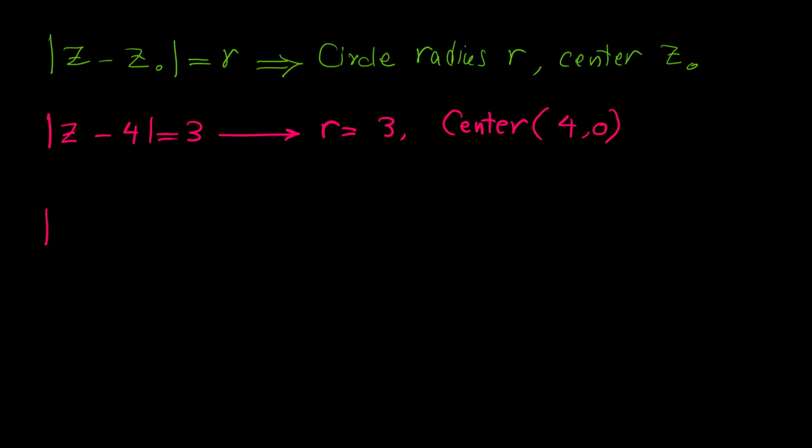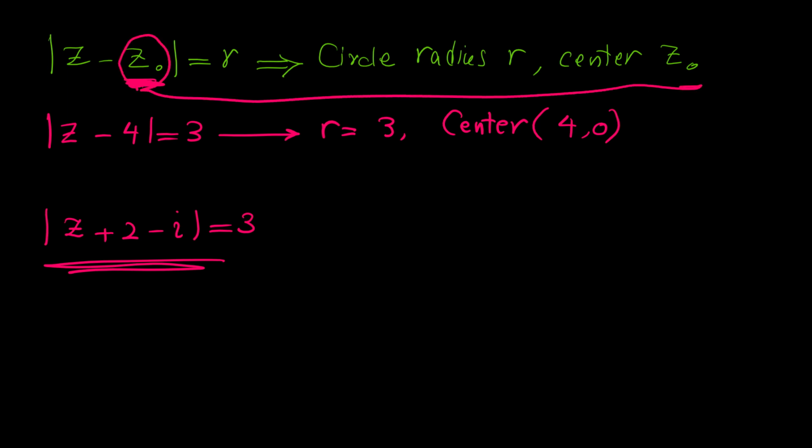Let me show you a little more complicated example. What about this? Absolute of z plus 2 minus i equal 3, for example. What does this equation show? Note that if we can write this equation in the form of z minus a number, then that point shows the center of the circle. So we have to try to write this in the form of minus.